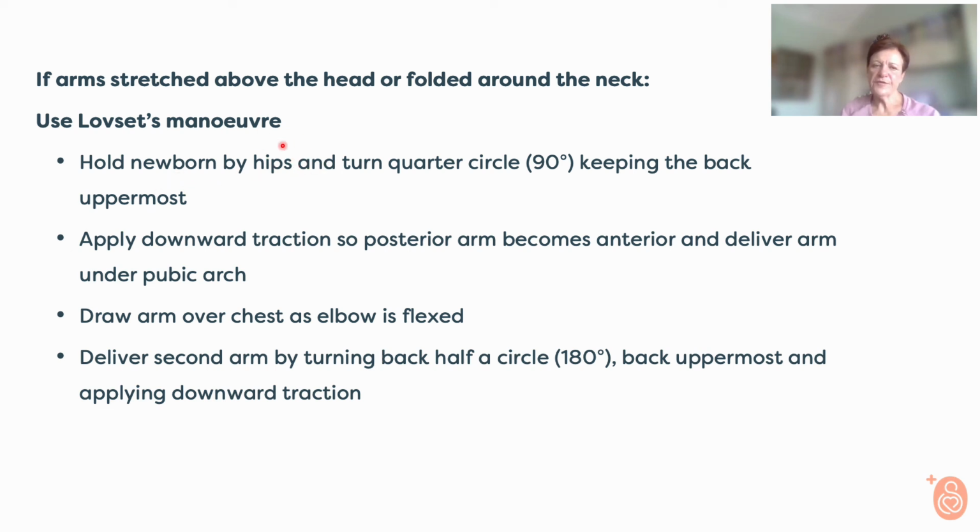Remember, the hip, bony part, not the soft body part, and we turn the baby 90 degrees to keep the head uppermost, because we don't want the head to go posterior now as well. And then hopefully this will dislodge the posterior arm, and we can deliver the baby, and then we turn it back another 90 degrees or deliver the other arm.